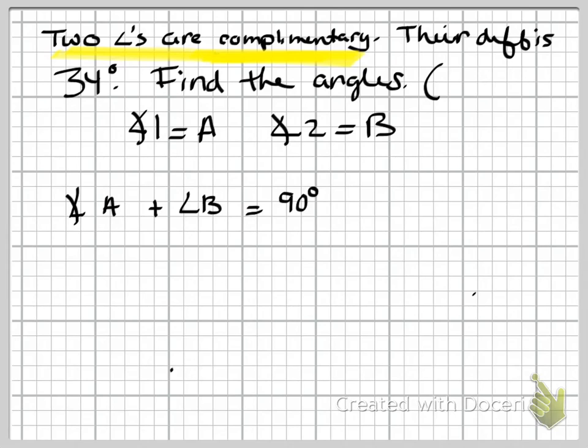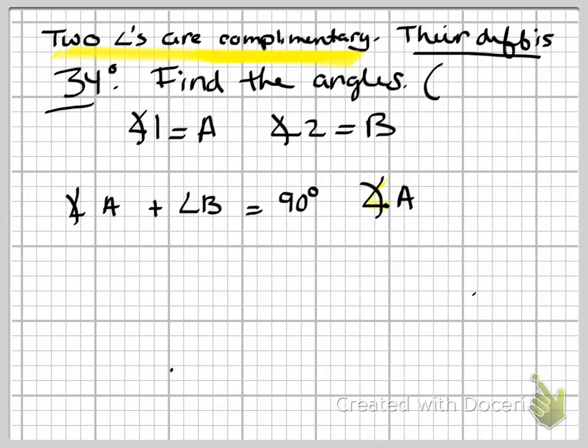What's the second equation? How about Evan? I think it'd be A plus B minus 34. It says their difference is 34 degrees. What does difference mean? Subtract.